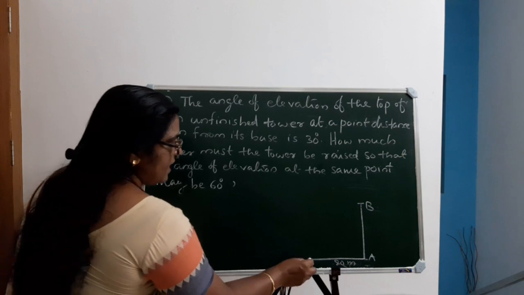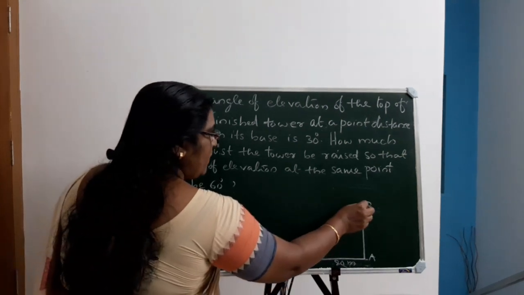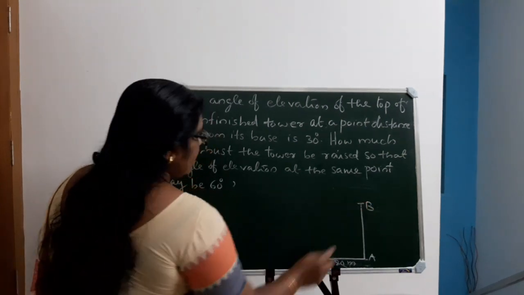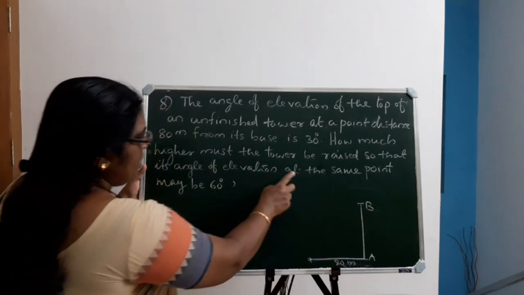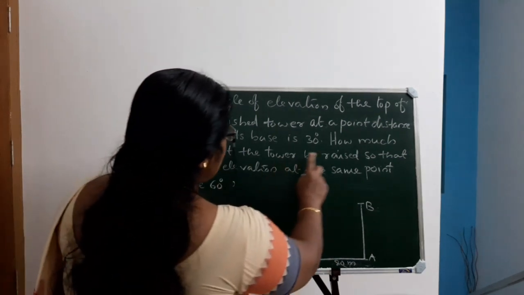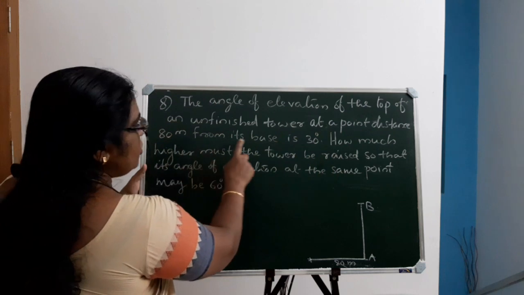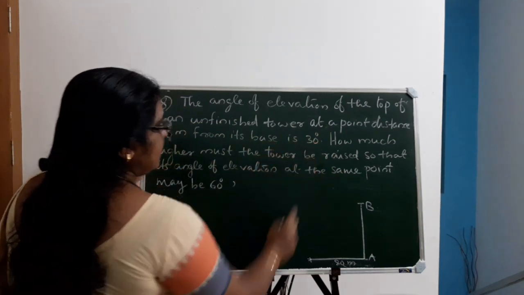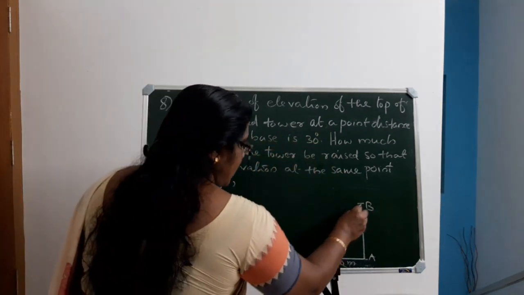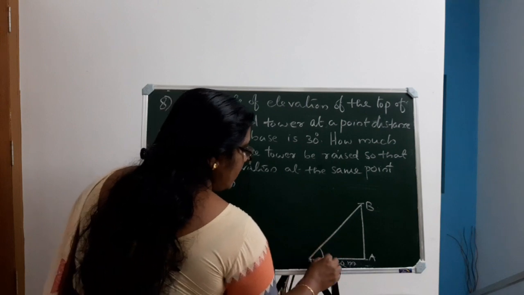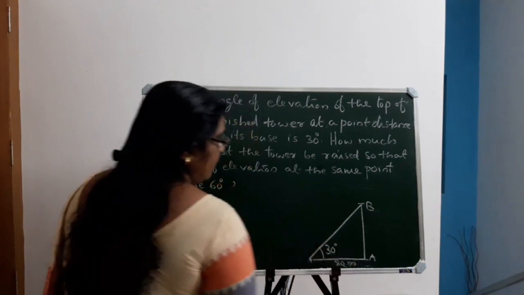When we are standing here and looking at the top of this unfinished tower, the angle of elevation at the point at a distance of 80 meters from its base is 30 degrees. The angle of elevation at the top of this unfinished tower is 30 degrees.